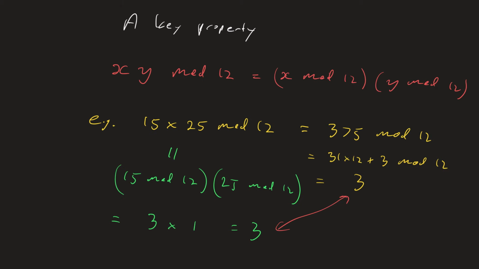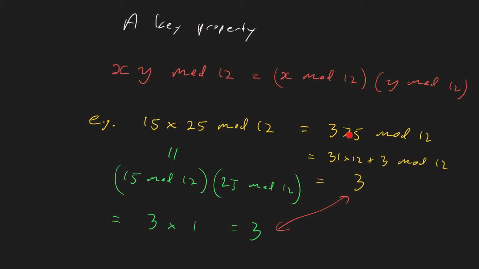A key property of modulo is that x times y modulo 12 is the same as x modulo 12, all multiplied by y modulo 12. So for example, 15 times 25 modulo 12, we can work this out the slow way by first doing 15 times 25 to get 375.